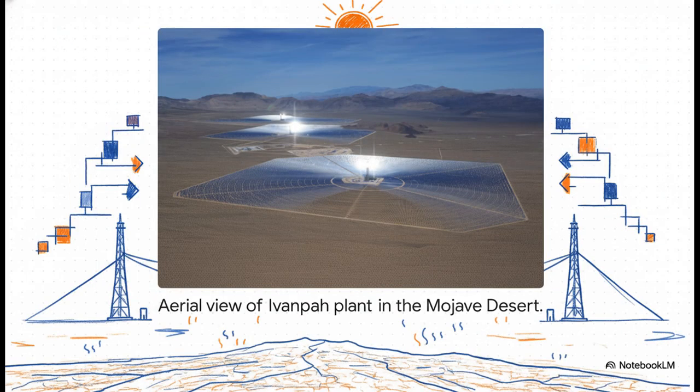But listen, if you really want to see this sci-fi scale of solar engineering, you've got to consider the Ivanpah Solar Thermal Power Plant out in California's Mojave Desert. It is absolutely huge, occupying roughly 3,500 acres. It's a solar-powered tower design, and it represents a massive, game-changing leap in how we concentrate solar energy.